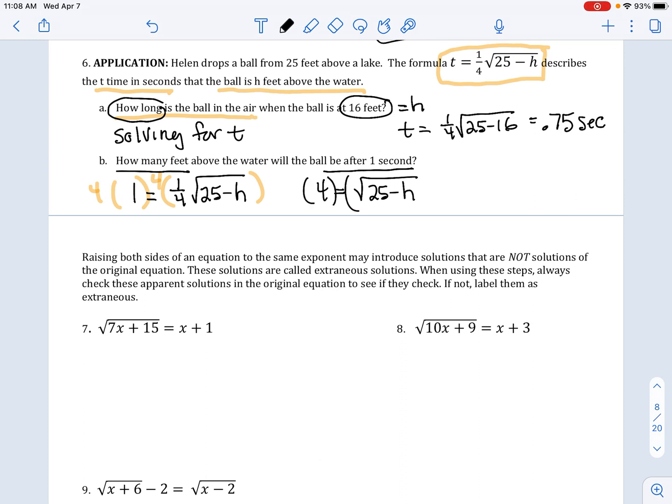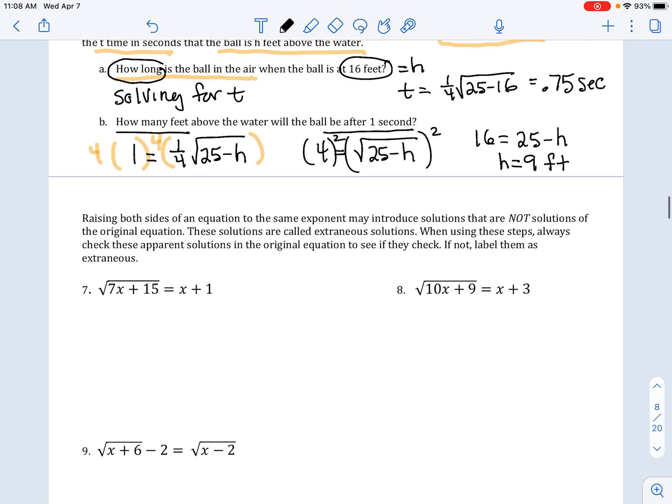We're going to square both sides. 16 equals 25 minus h, and therefore h is 9, because 25 minus 9 is 16. And that is an application of a word problem that utilizes a square root equation.